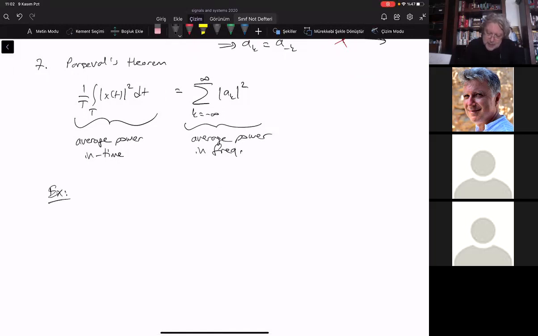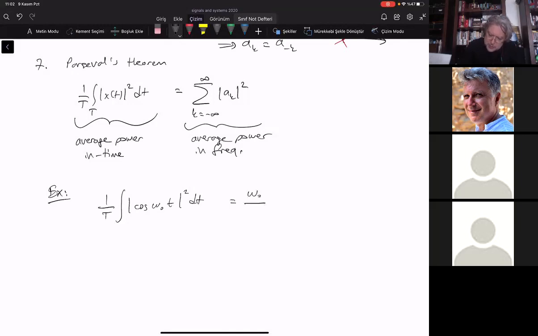So the example is, what is this: 1 over capital T times the integral of cosine omega 0 t squared dt, where 1 over capital T is actually omega 0 over 2 pi.